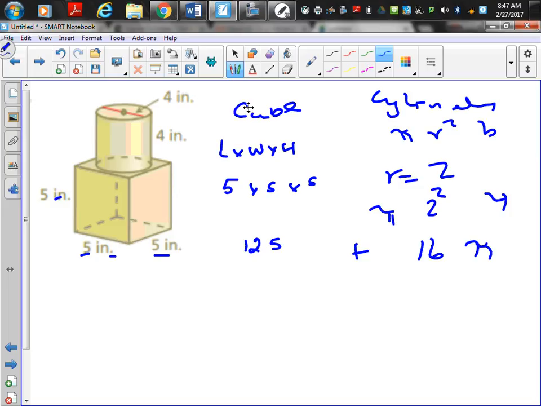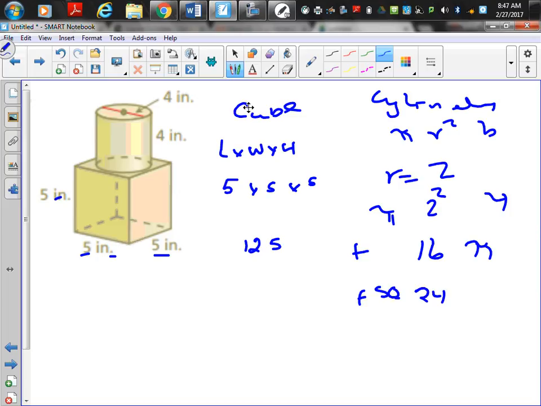Say again? No, I don't add it. What do? Multiply it. How much? Use the pi sign on the calculator. 50.24.